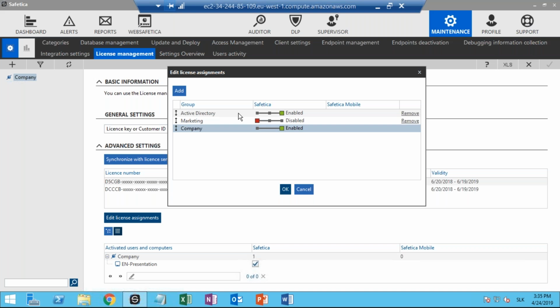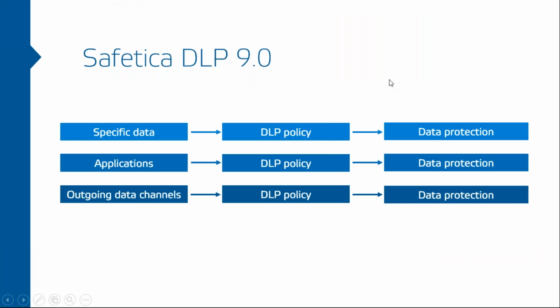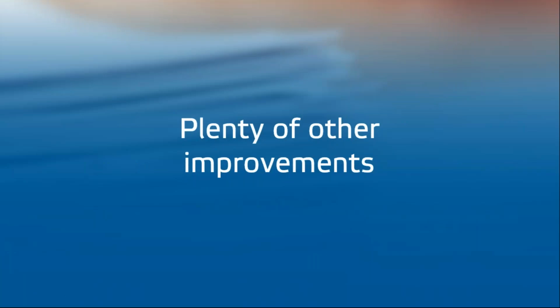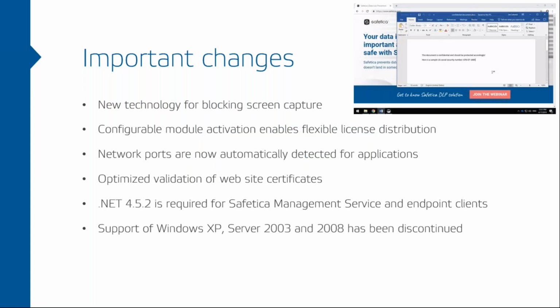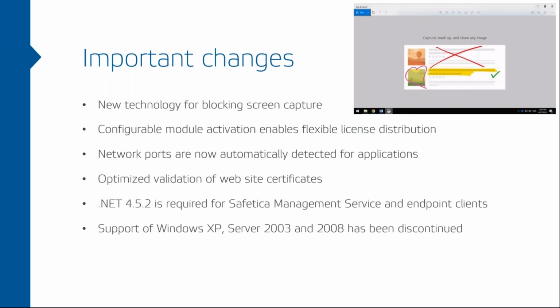So some users might get an Auditor license, some users might get a DLP license, and so on. But let me switch back to the webinar presentation, and I'll just quickly guide you through a couple of highlighted changes that are also available in the new version.